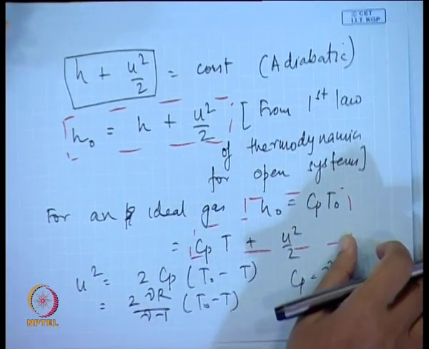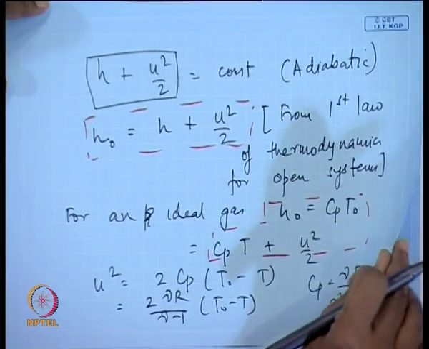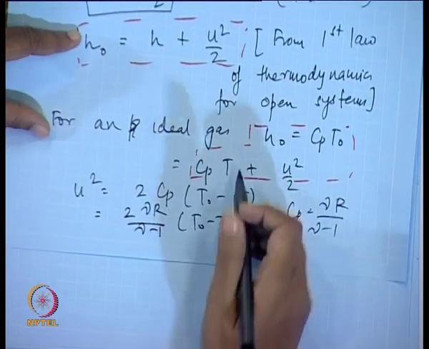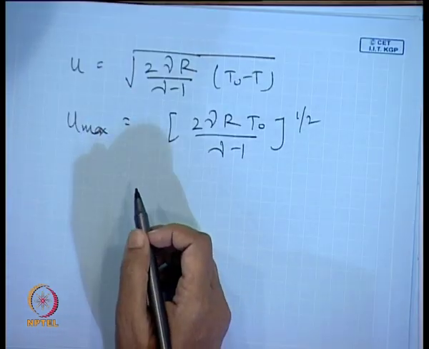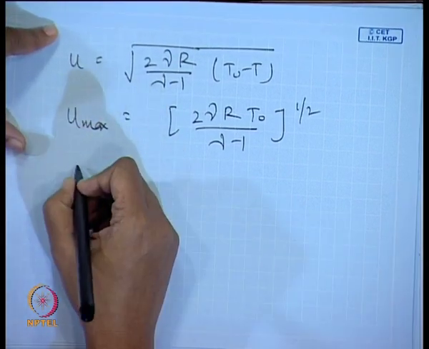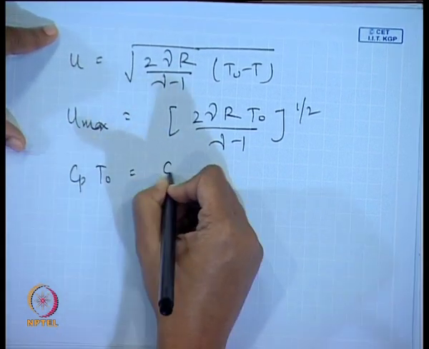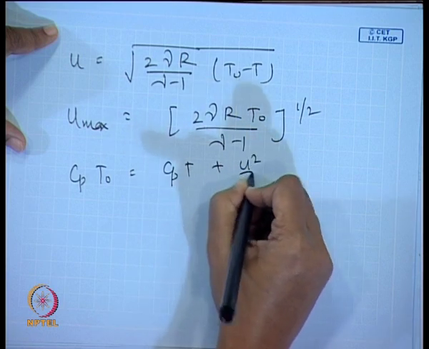Now, once we have obtained a way of finding T0, if we proceed further from this particular equation, what do we get? We get Cp T0 equals Cp T plus u square by 2.